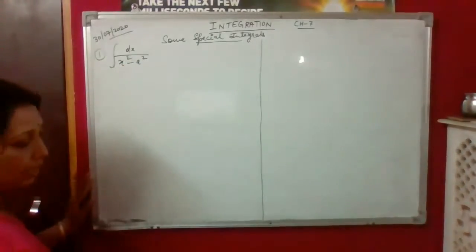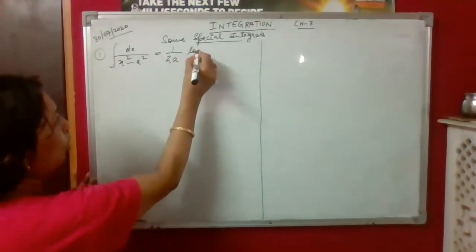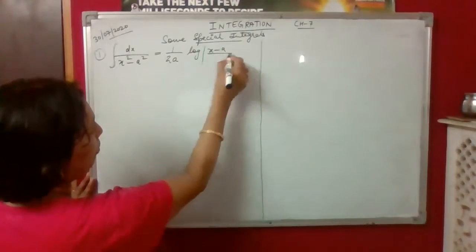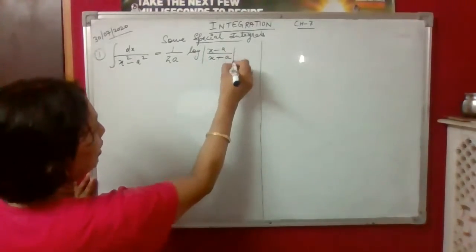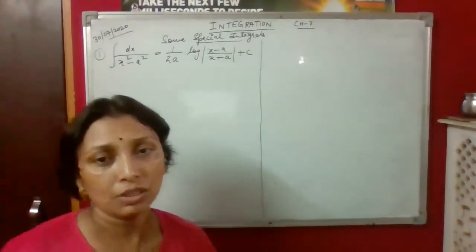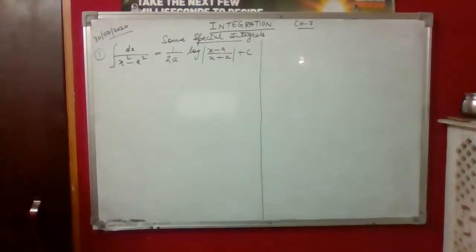If the function is like this, the integral is 1 upon 2a log of x minus a upon x plus a, plus c. So if we have an integral of this type, we can just apply the formula directly.